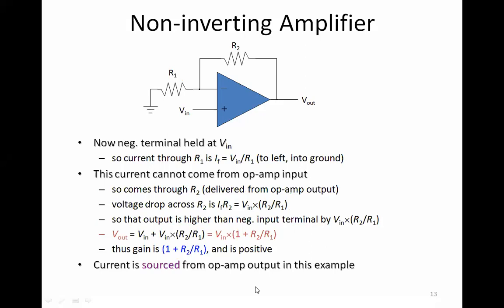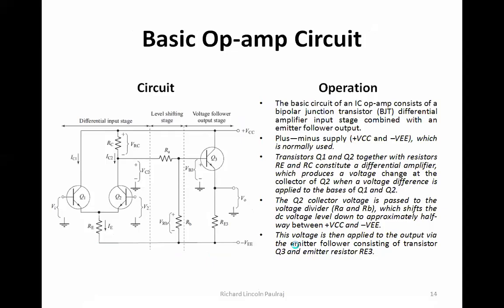We have seen that it has infinite input impedance, finite output impedance, and high gain. All of these are the best things of an op-amp. And we have also seen positive feedback and negative feedback, inverting configuration and non-inverting configuration.